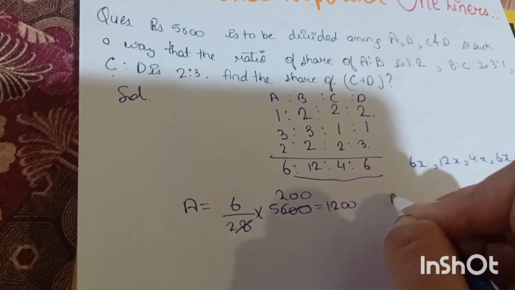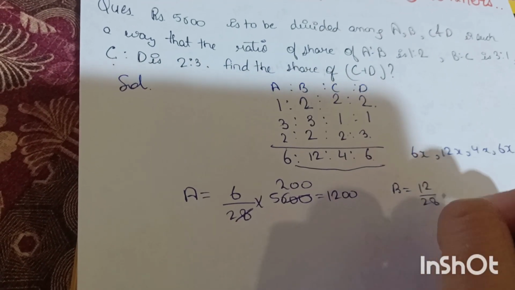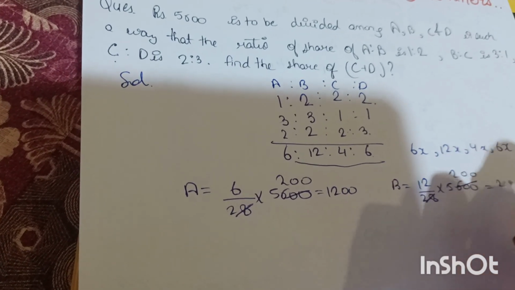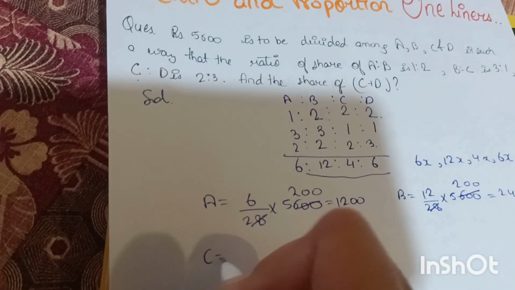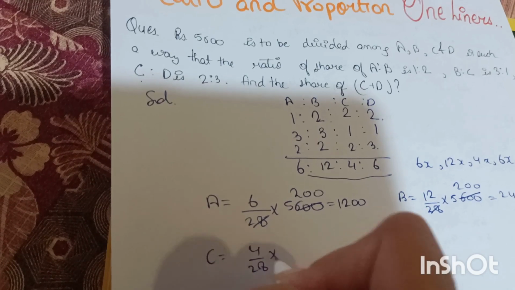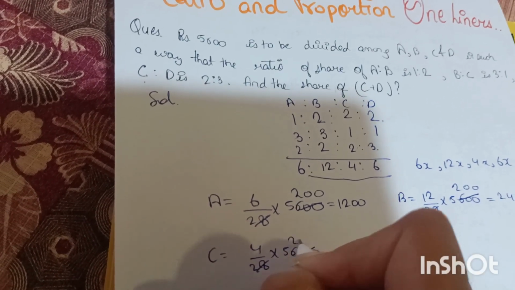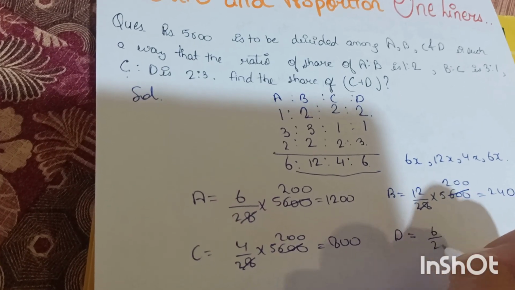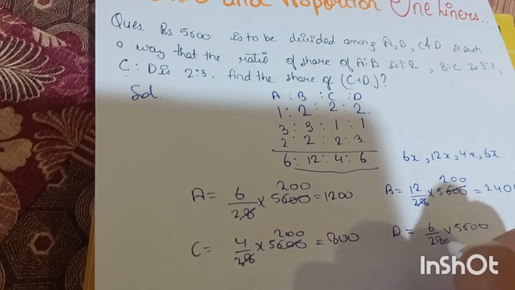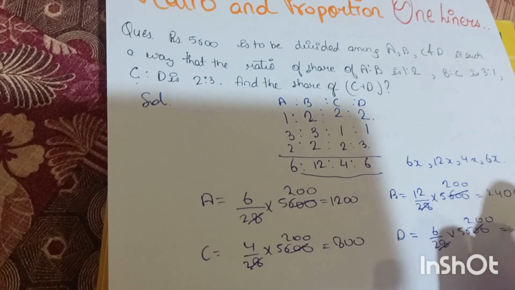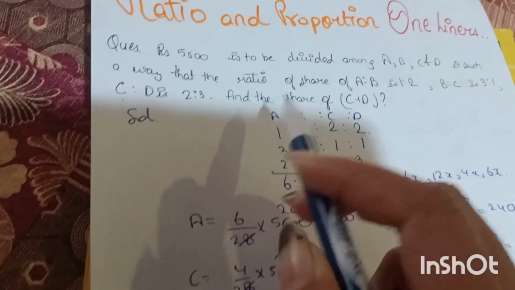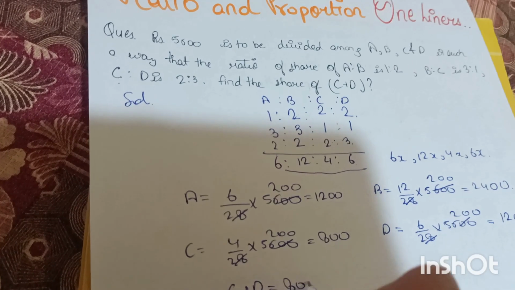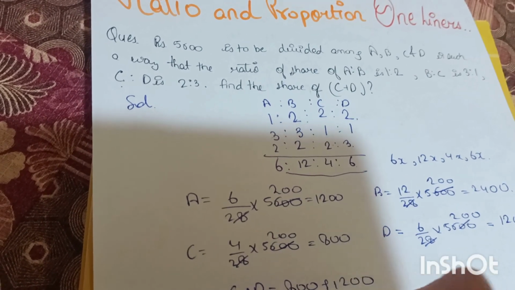Then for B, you'll get 12 upon 28 into 5600, which is 2400. Then for C and D. Now we have to find the share of C and D. So C plus D equals 800 plus 1200, so you'll get 2000.